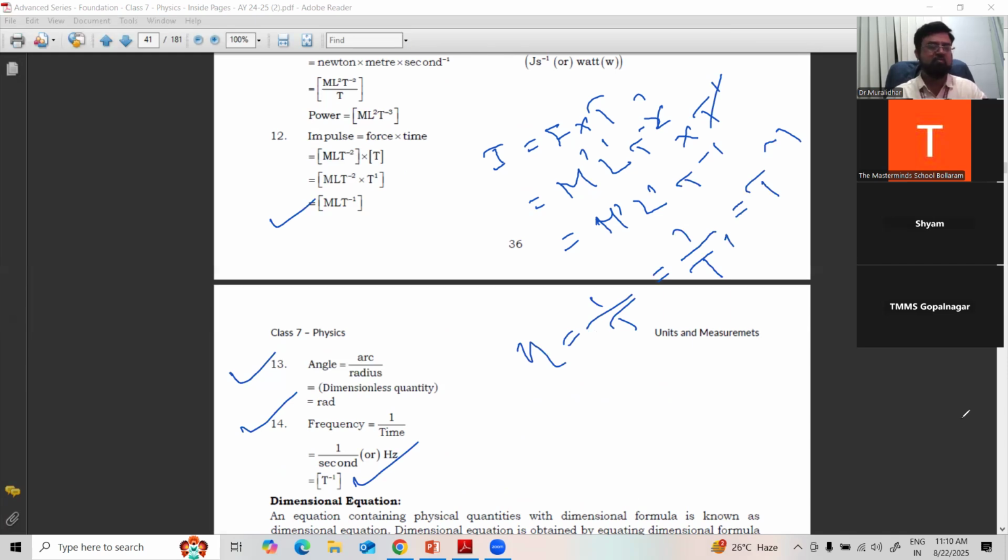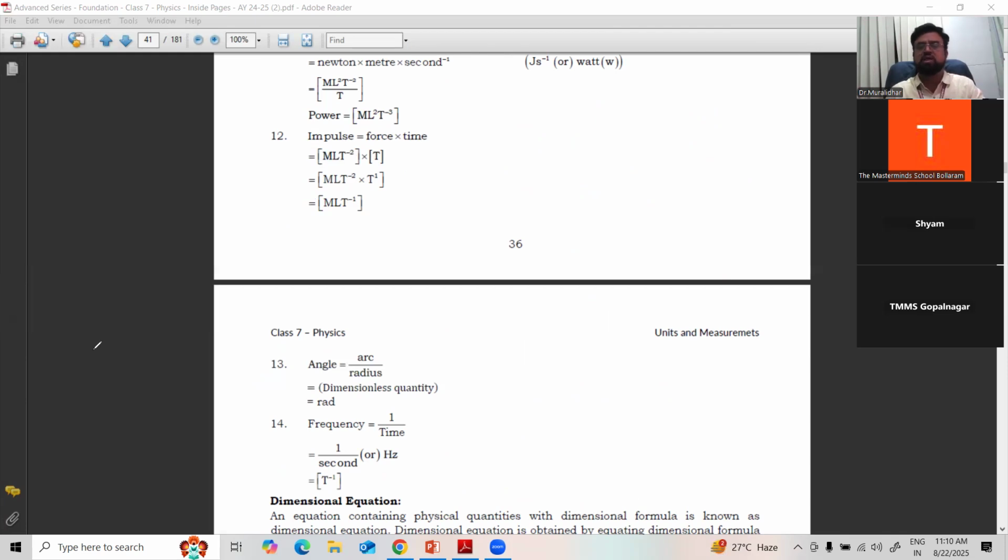Like that, you can prepare a wonderful chart with all the physical quantities which you have seen in the beginning of the chapter also. In one table, write the physical quantity, their formula, their unit and dimension. You can prepare one chart and display it in your classroom.